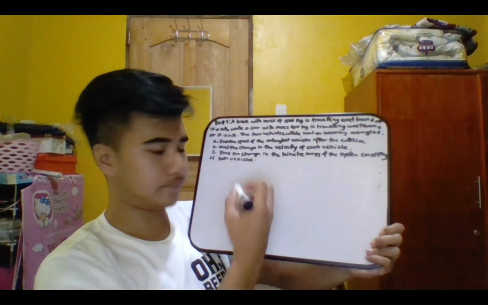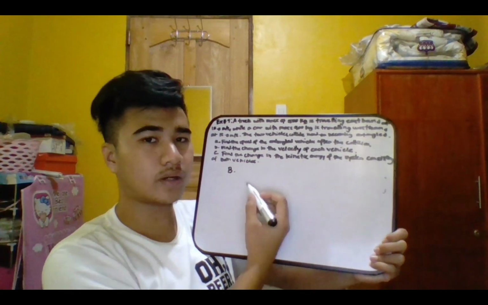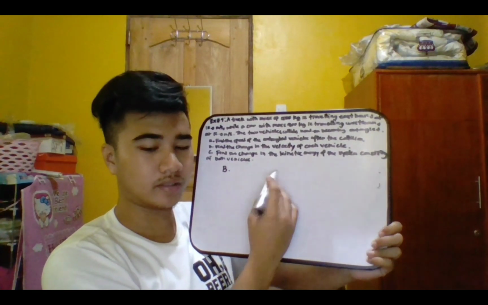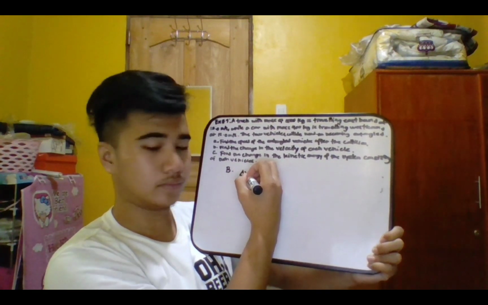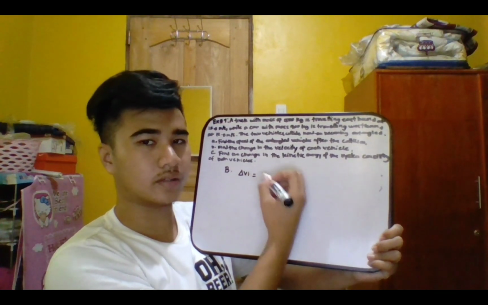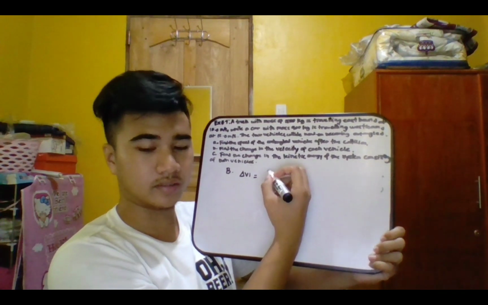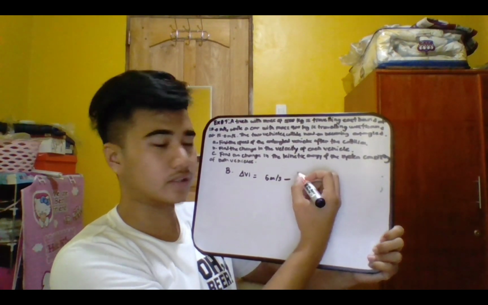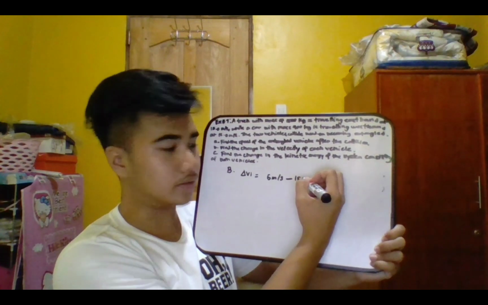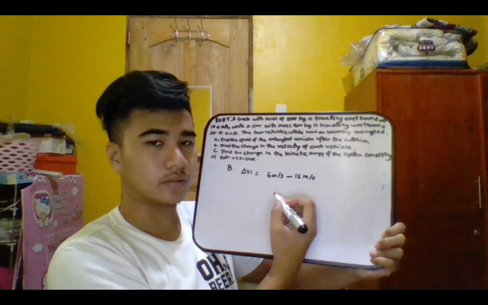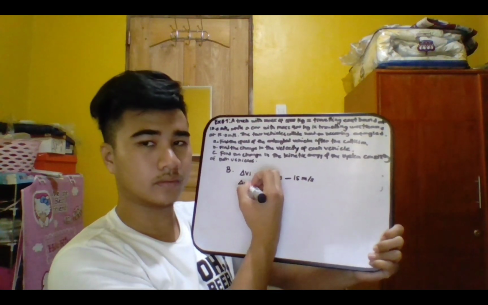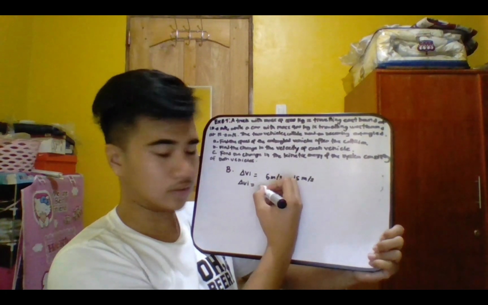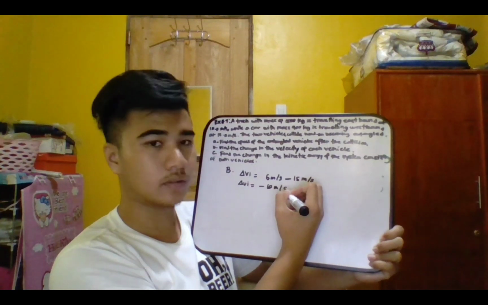For letter B, we are asked to find the change in velocity of each vehicle. For the change in velocity 1, the truck, the final velocity is 5 meters per second minus the initial velocity of 15 meters per second. The change in the velocity of the truck is equal to negative 10 meters per second.